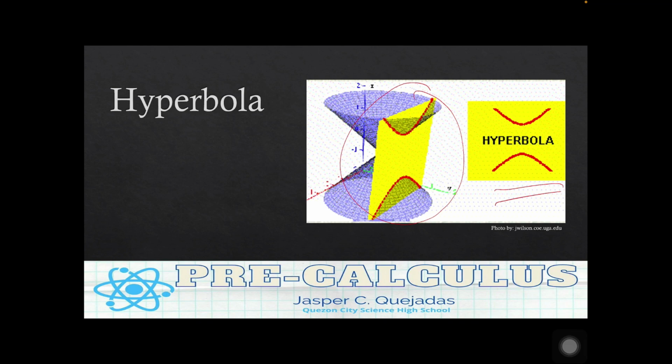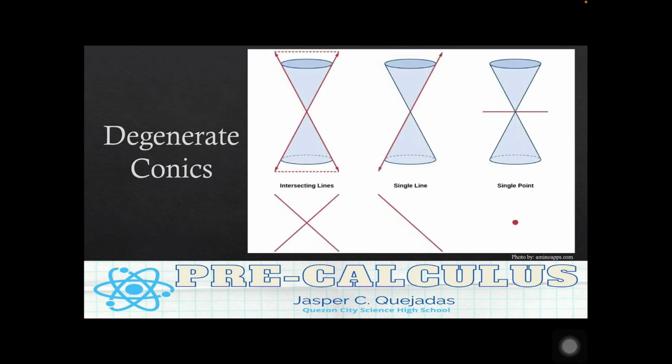Now, what if the plane passes through the vertex? If the plane passes through the vertex, we have what we call the degenerate conics. So degenerate conics are formed when the plane intersects the cone at the vertex.